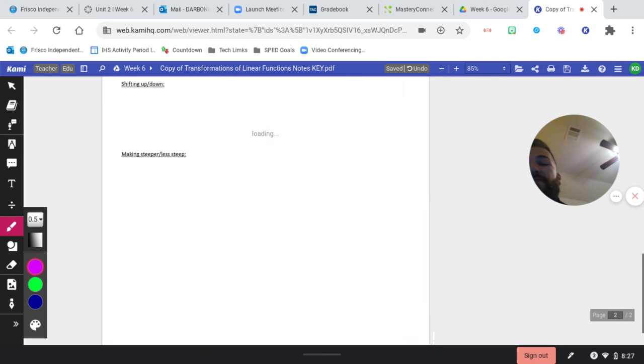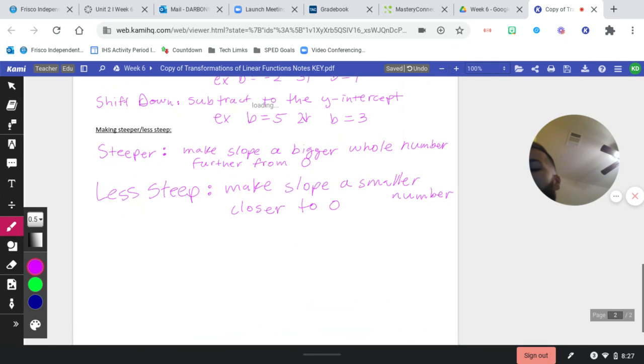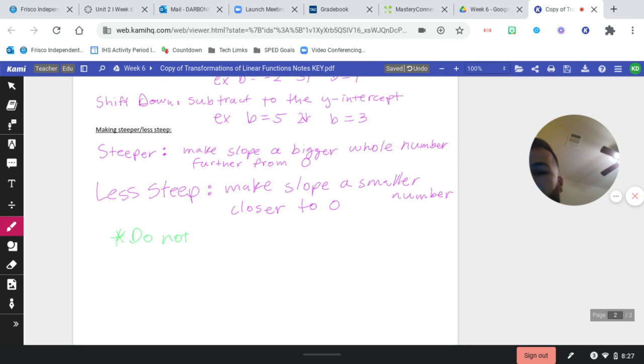The big thing though is that we do not want to change signs when making a line steeper or less steep. Okay, y'all, that is transformations of linear functions. I know they can be a little bit new, but we're going to work on them a little bit more in class.